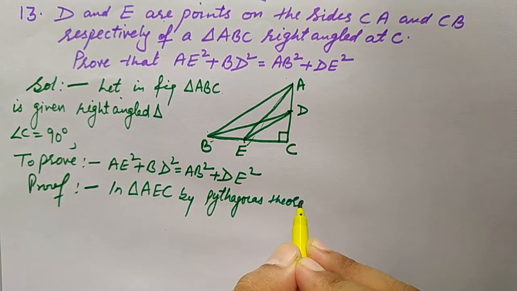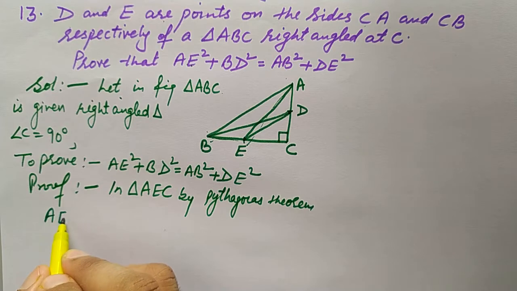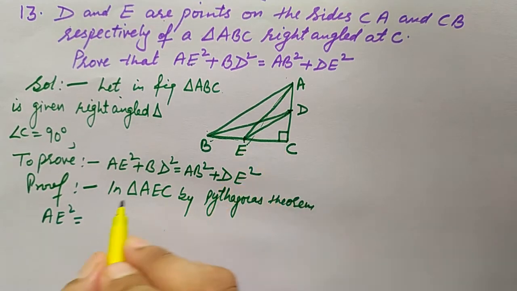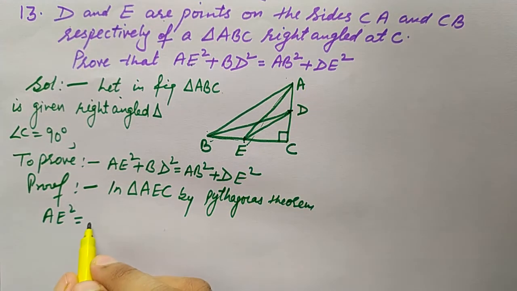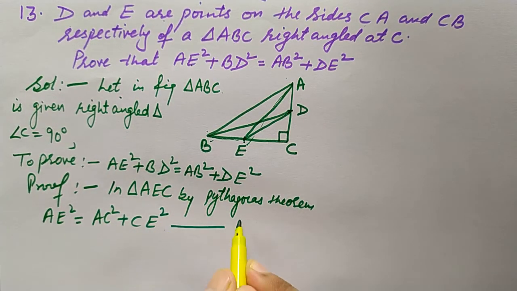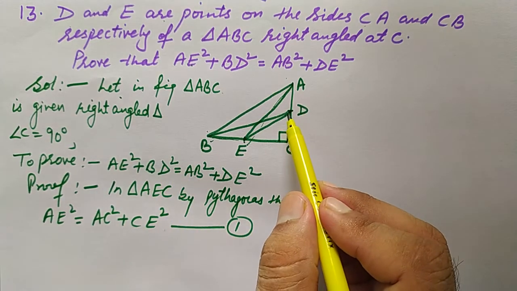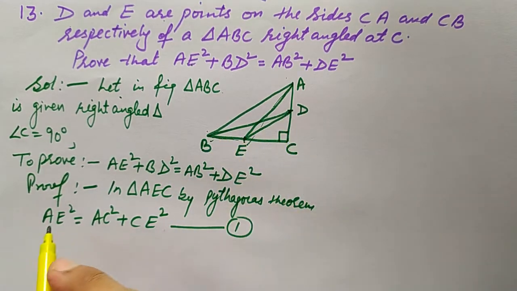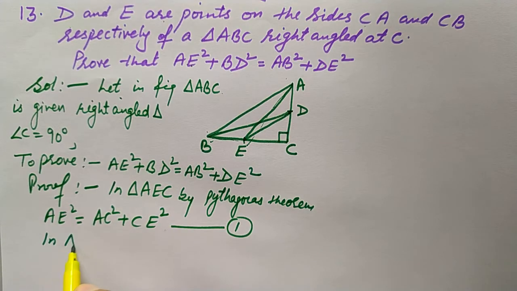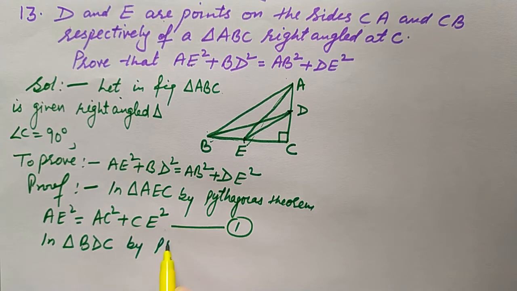AE square is the hypotenuse square, so it is equal to CE square plus AC square. So you can write AC square plus CE square. This is number 1. Similarly we will find BD square also by Pythagoras theorem, in triangle BDC.